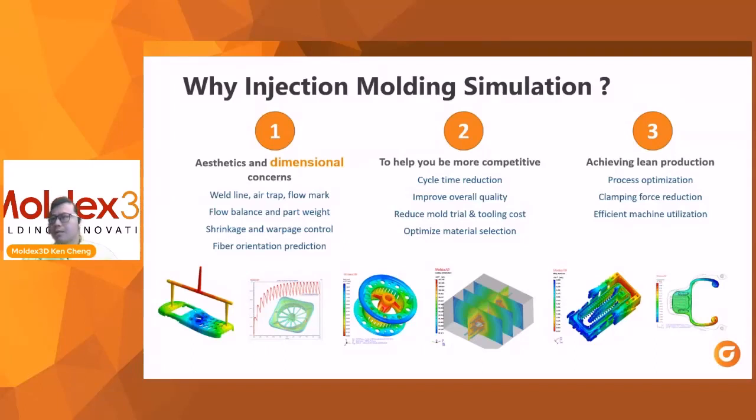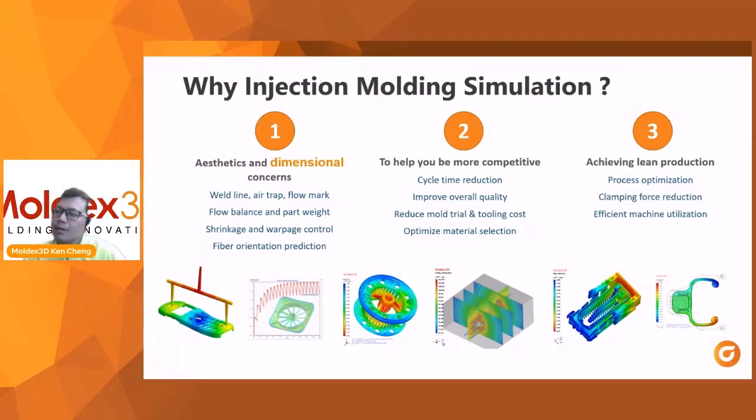I am presenting part of this webinar on why injection molding simulation is needed, and then I will explain the workflow. Through injection molding simulation, before you cut steel, you are able to understand the gate location, gate size, and see things such as weld lines, air traps, flow marks, and flow balance.